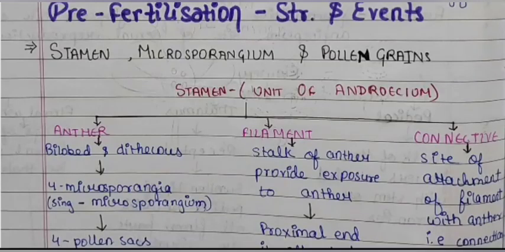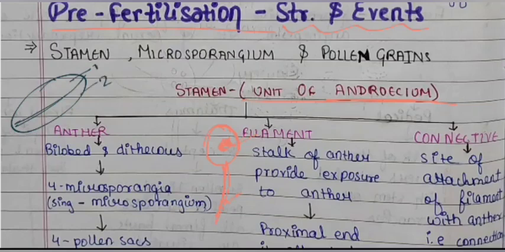Now let's start with another topic, that is pre-fertilization, structure and events. In the case of the male, it is the stamen in a flowering plant, and it is a unit of androecium. So the stamen is basically the male part, as we have discussed earlier, which consists of anther and the filament. Inside the anther there is a connective, a middle tissue. The anther is bilobed, means it has two lobes, right? And each lobe has two theca.